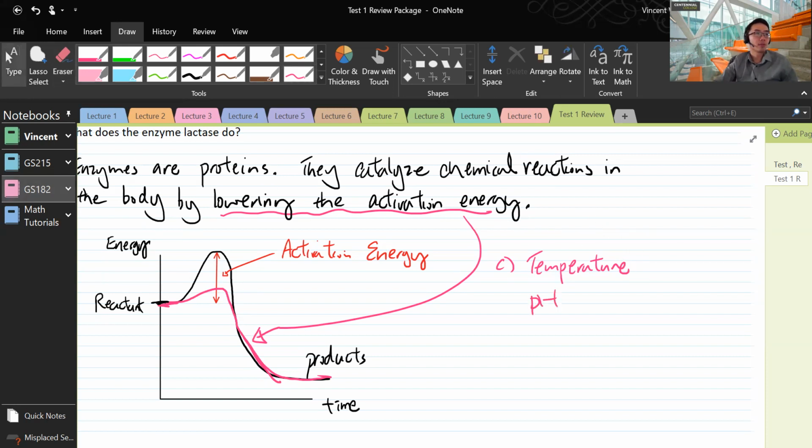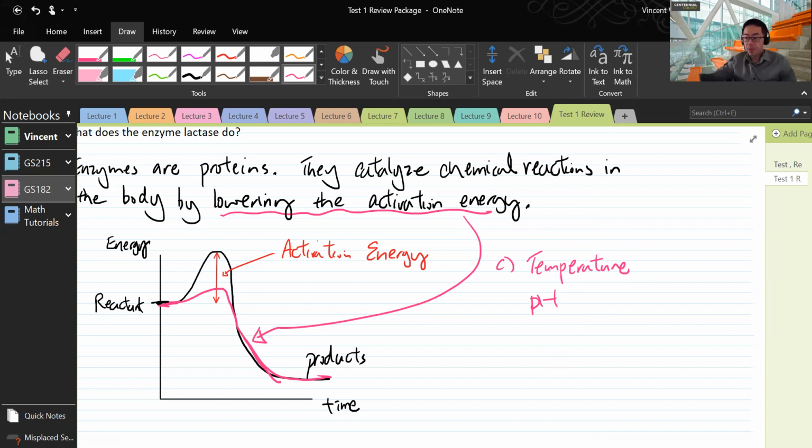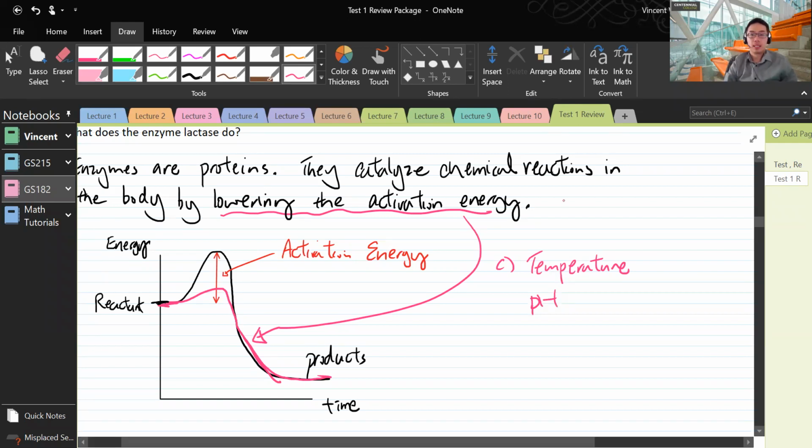What else? I'm looking for a few more. What if this is a multi-select question? I ask you to select everything. Concentration of what though?